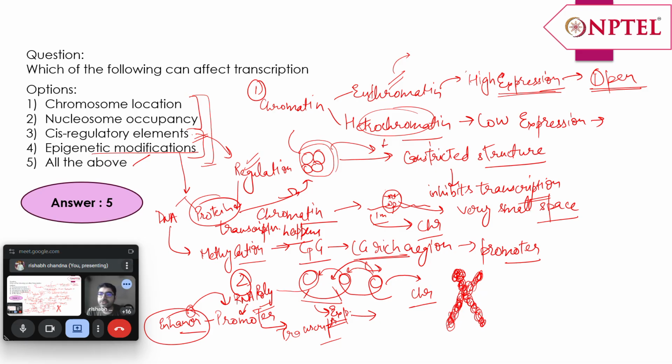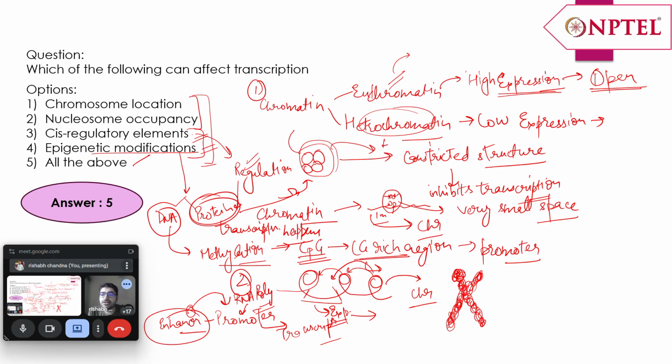Then we have the epigenetic modifications. Epigenetic modifications are modifications that change in the due course of time. These happen in two ways: modifications at the DNA level or the protein level. At the DNA level, methylation is done, generally at the CpG islands, that means the CG rich regions in the promoter.